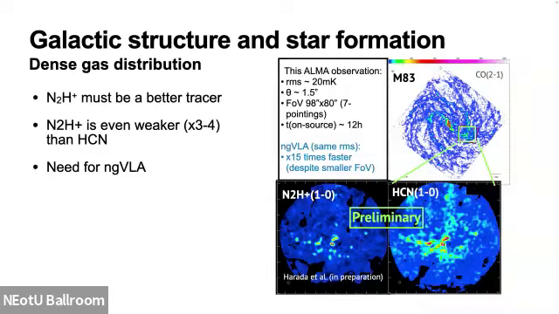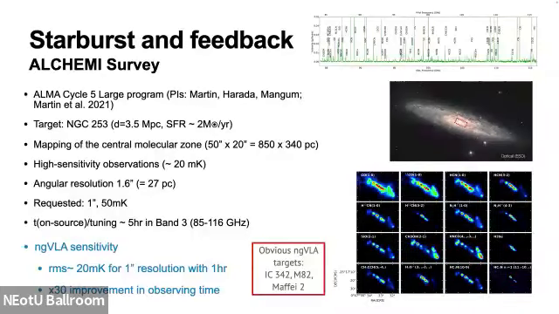Okay, so let's move on to the starburst region. We have been conducting this ALMA large program, ALCHEMI. It's from Cycle 5, and it observes a very nearby starburst galaxy, NGC 253, in the central region.